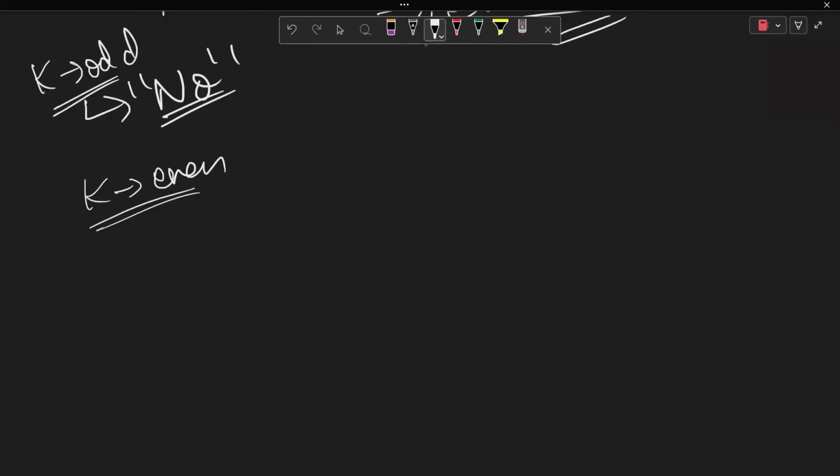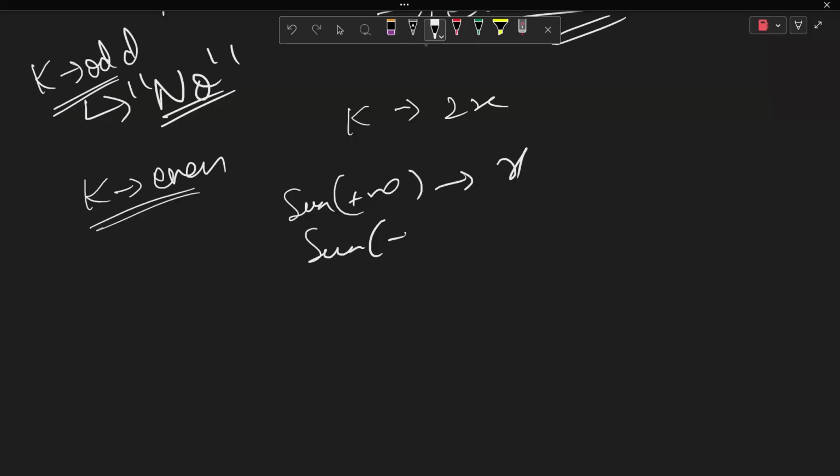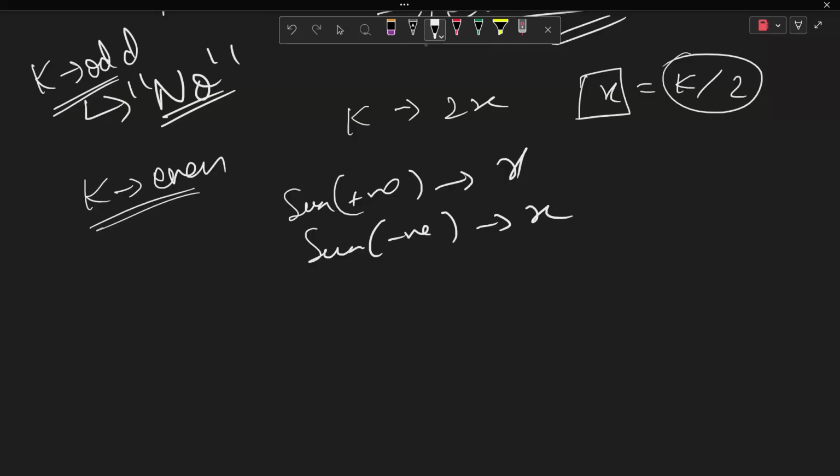Okay. Now when we have k even, as we told, k is of the form 2x, where the sum of positives is x and the sum of negatives is x. So we can just write x as k by 2. So we can just reduce this k to k by 2 and call that x.